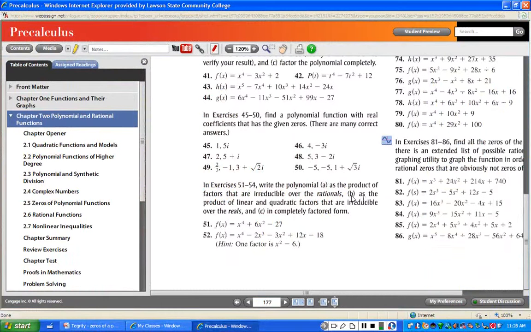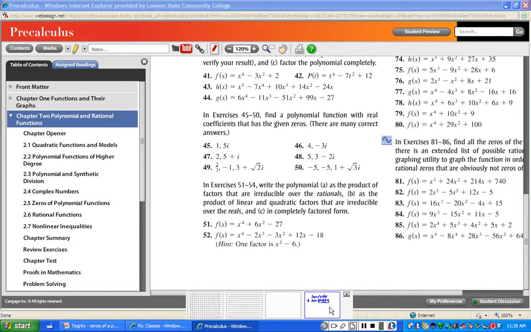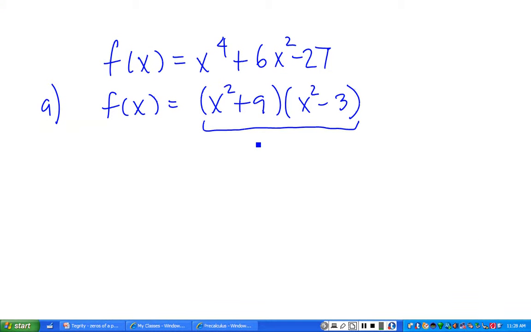And then it says b as the product of linear and quadratic factors that are irreducible over the reals. So real refers to rational and irrational numbers, not the i. Okay, not the numbers that will give us i.